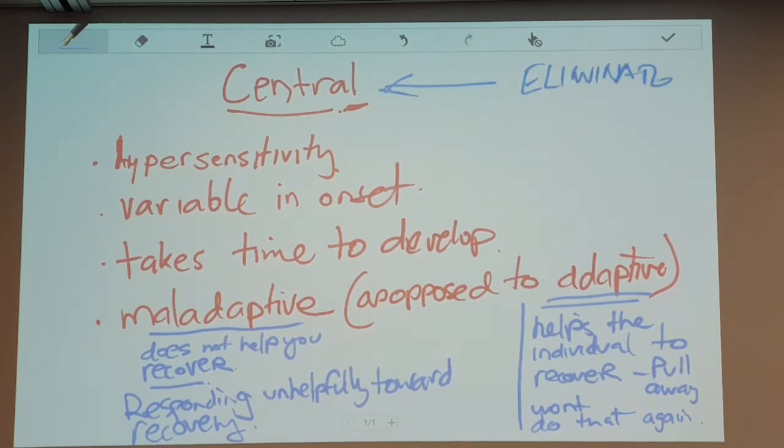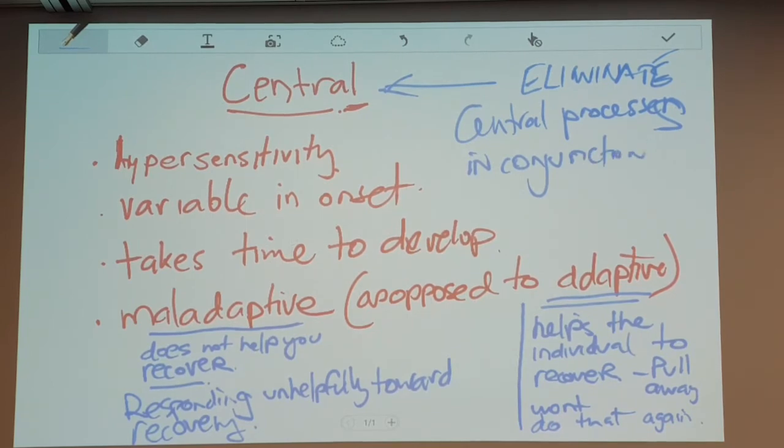Eliminate central processes in conjunction with the original cause.